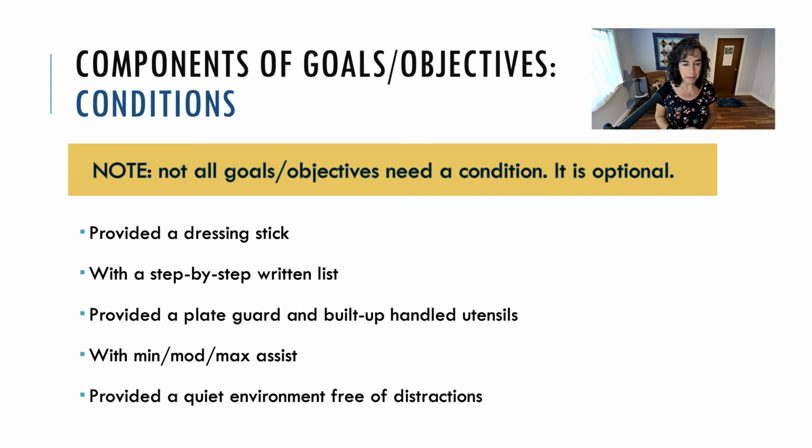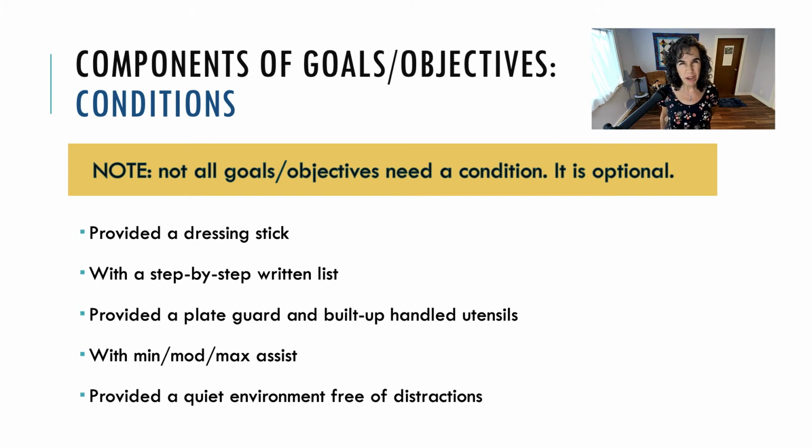And then finally, with our environmental condition example, provided a quiet environment free of distractions. So if we have, say, a high schooler who has ADHD, and our goal is to extend the amount of time that he will focus on his homework after school, we might want to say provided a quiet environment free of distractions.